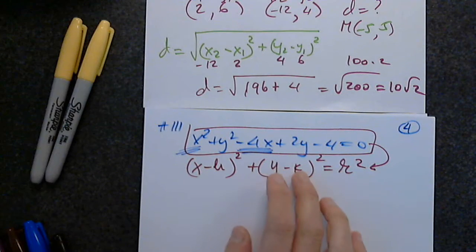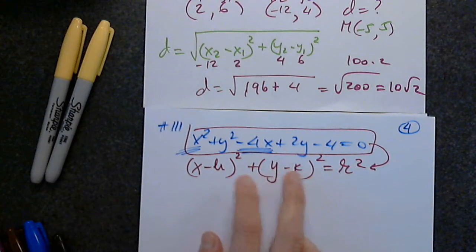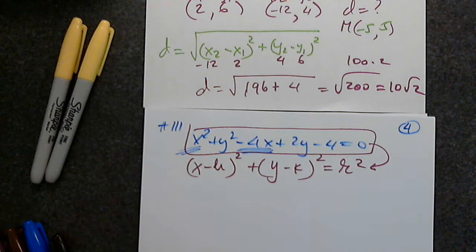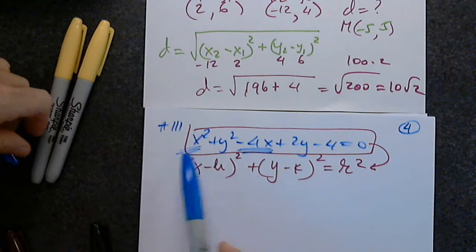H and K are the coordinates of the center, and r is the radius of the circle. It's always a good idea, when you get the chance, to look at the previous lecture whenever you miss class.